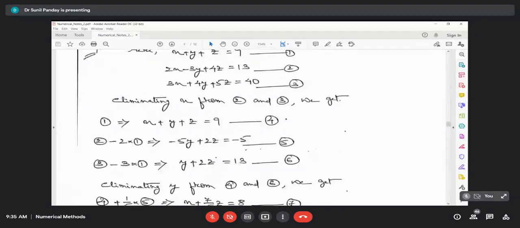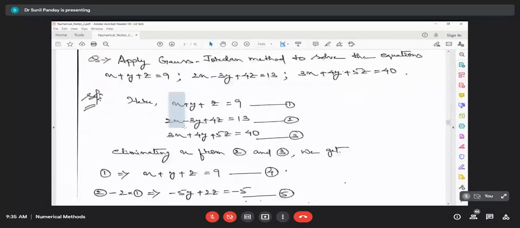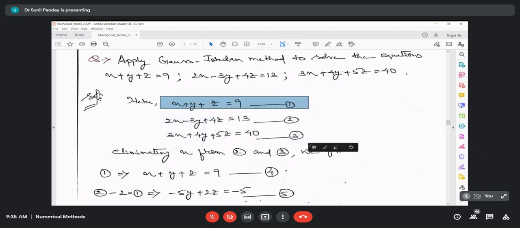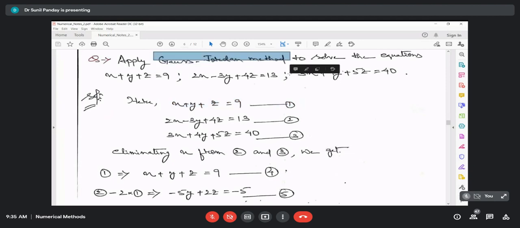So if you have this system of equations, like x plus y plus z equals 9, 2x minus 3y plus 4z equals 13, 3x plus 4y plus 5z equals 40, then how do I get the solution of this system of equations using the Gauss-Jordan method?